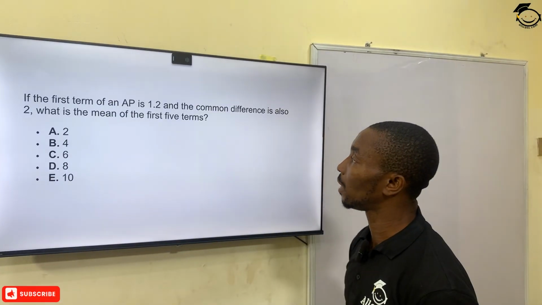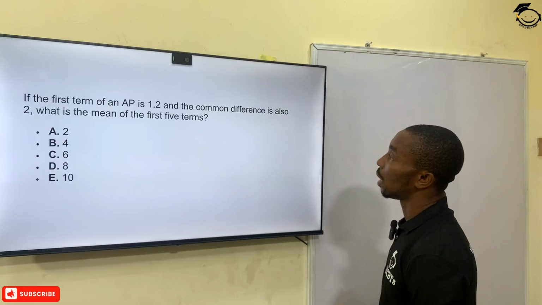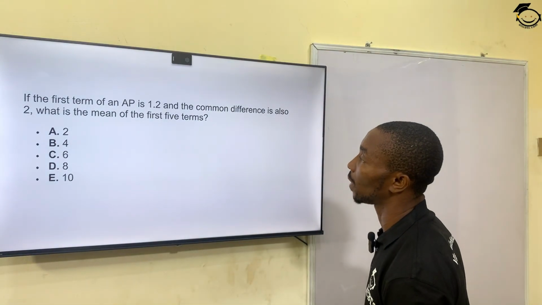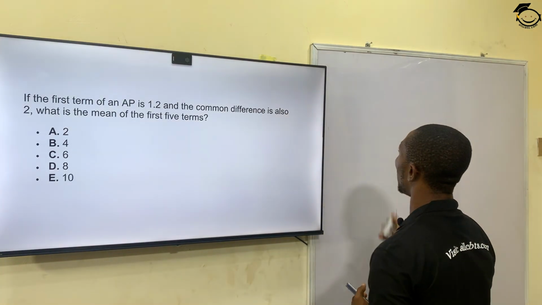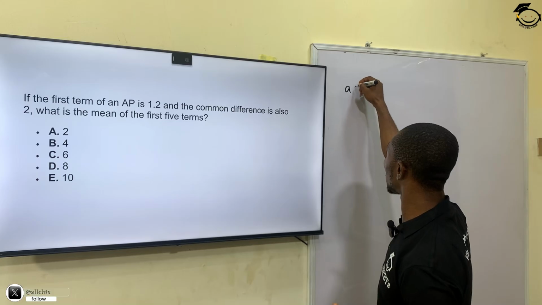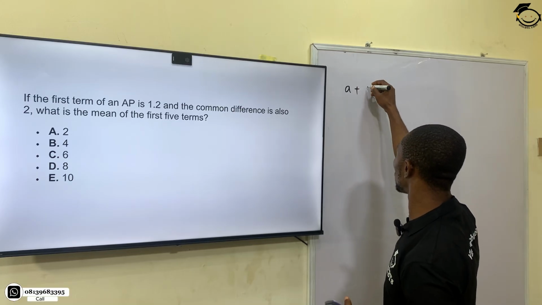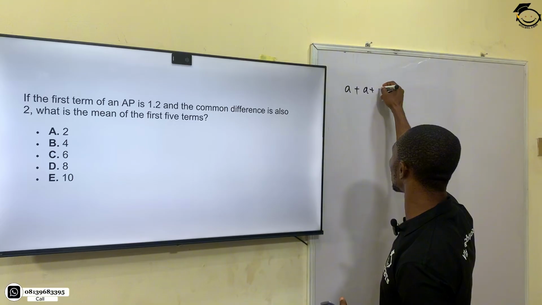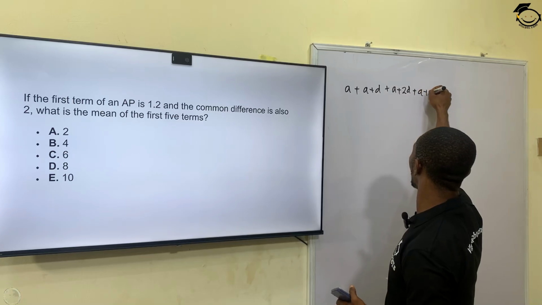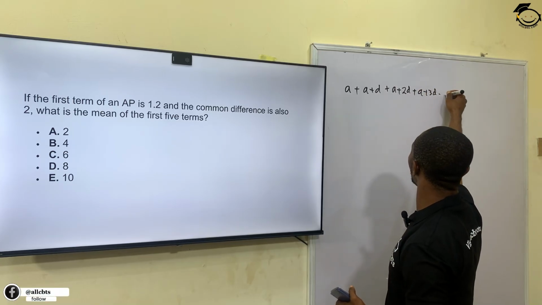If the first term of an AP is 1.2 and the common difference is also 2, what is the mean of the first 5 terms? Now, we know that for AP, we have A, which is our first term. Then the next sequence will be A plus D, A plus 2D and A plus 3D in that order.